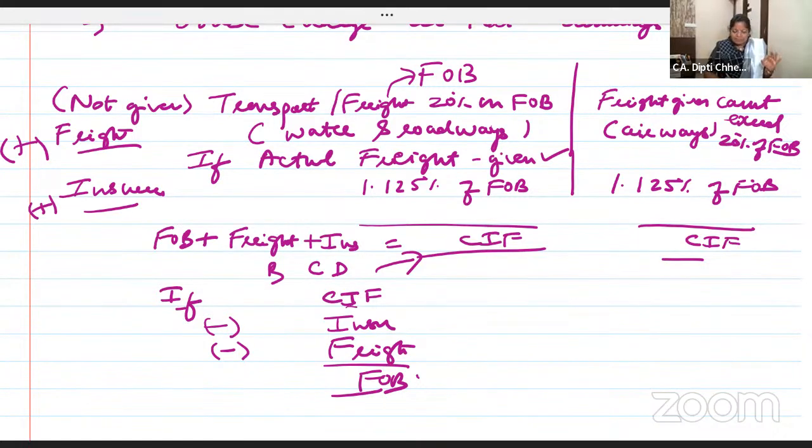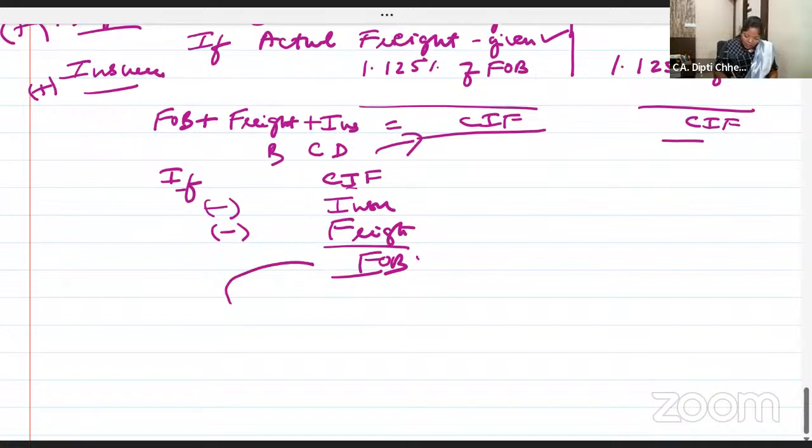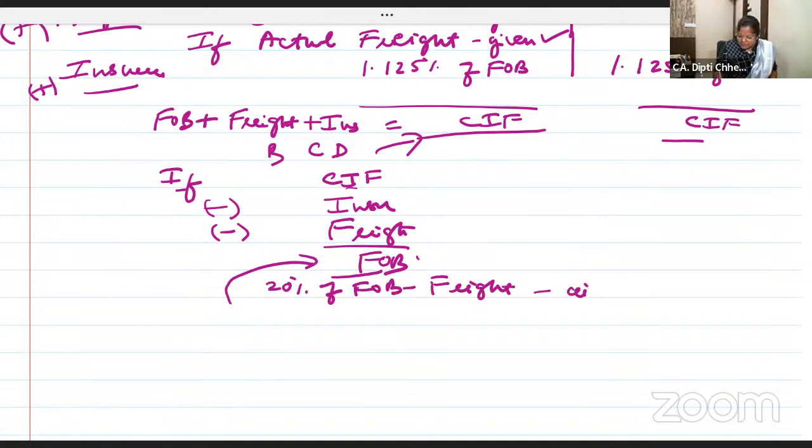So in exam, duty is always chargeable on the CIF. But in case if directly CIF is given, then you have to minus the insurance, minus the freight to get the FOB. And now on FOB, 20% of FOB you will take as freight, especially airways.